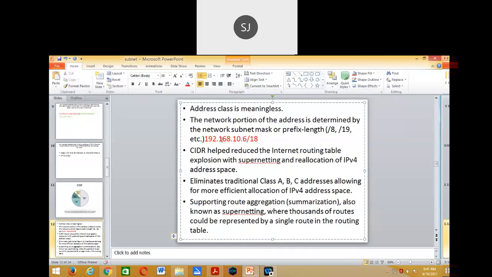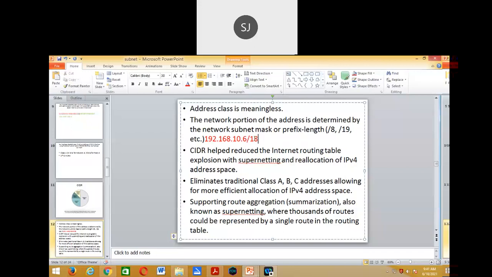192.168.10.6 slash 18 means what? How many bits are there in network ID and how many bits are there in host ID? This prefix length indicates the number of bits used for network ID.